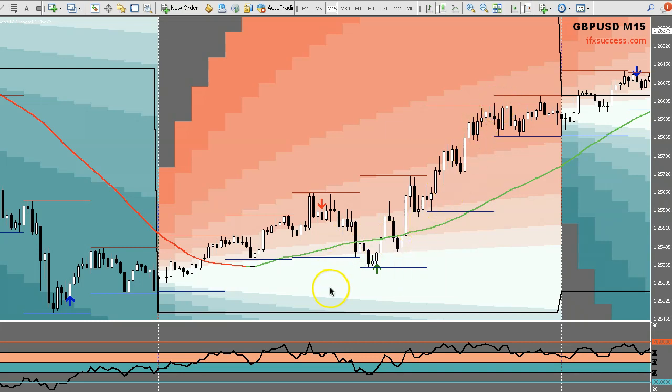So that's the other strategy for when we don't enter inside the green zones on buying, okay? But the first strategy that I want you to follow would be only selling inside the red zones and buying inside the green zones.